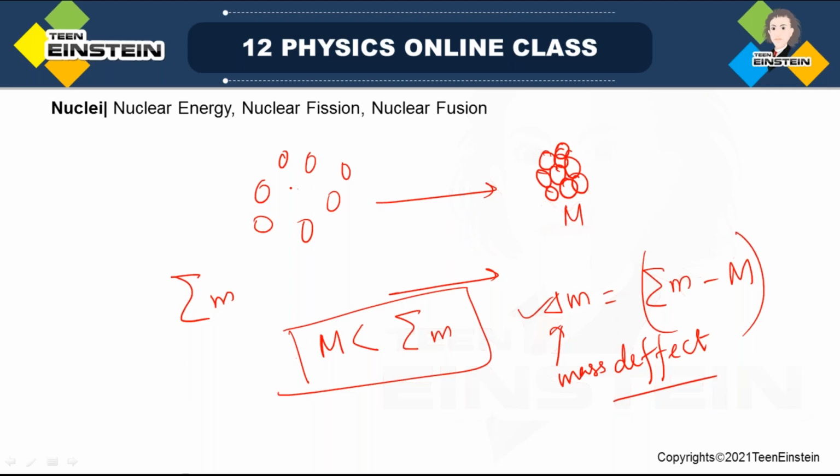If you take the constituent elements and their free masses, add them up, and then take the mass of the nucleus, that is capital M, the mass of the nucleus will be less than the mass of the free constituent elements. That means there is some loss of mass, and that actually gets converted to binding energy, and that energy is binding all the neutrons and protons together in a compact space.